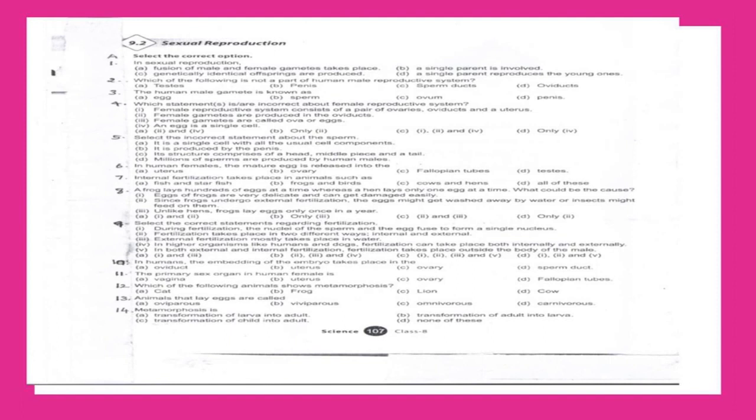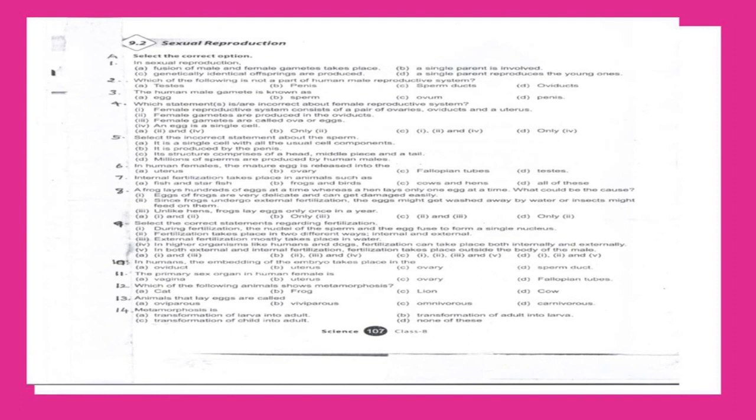Frog, metamorphosis. What is metamorphosis? A series of changes taking place for the development of egg to adult. It is called metamorphosis. So normally we have studied external fertilization and internal fertilization. In both, development of the egg occurs. In certain animals like insects and frog, it is the process of development of an egg to adult.